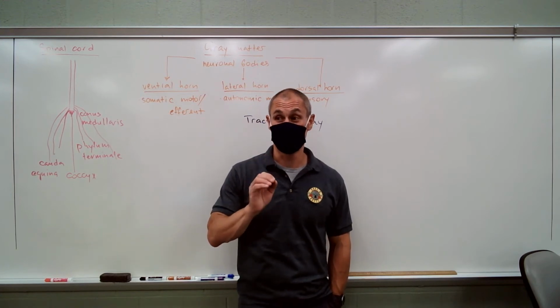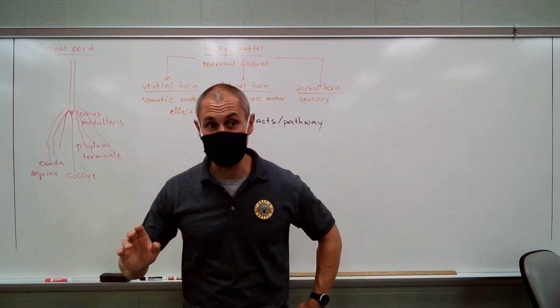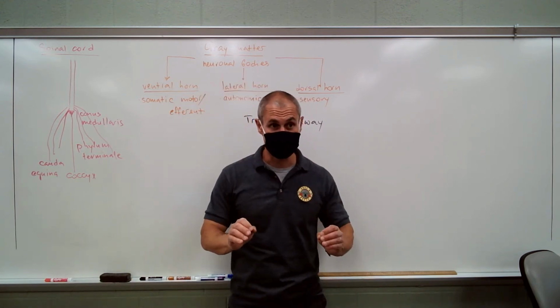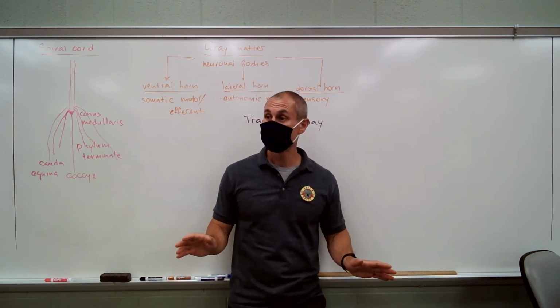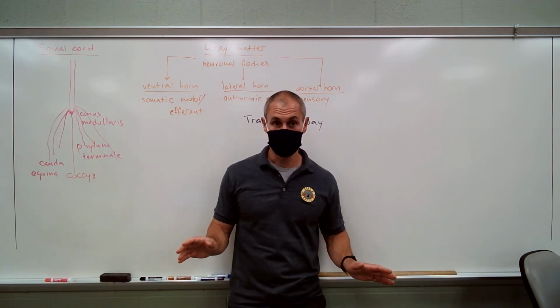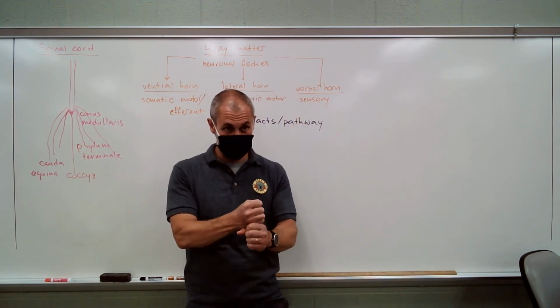We don't have nerves. We have neurons, but we don't have a nerve as an anatomical structure. Nerves are entirely in the periphery. Does that make sense? We don't have individual nerves.